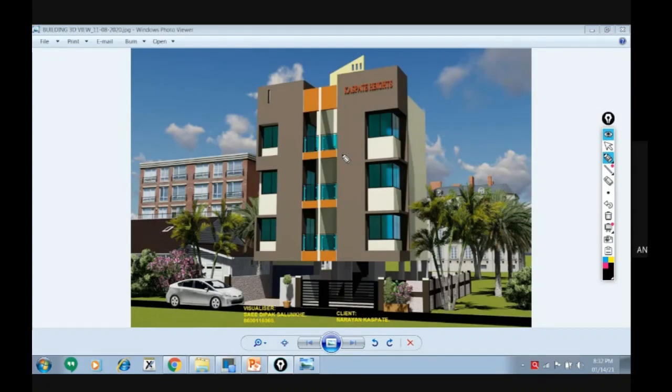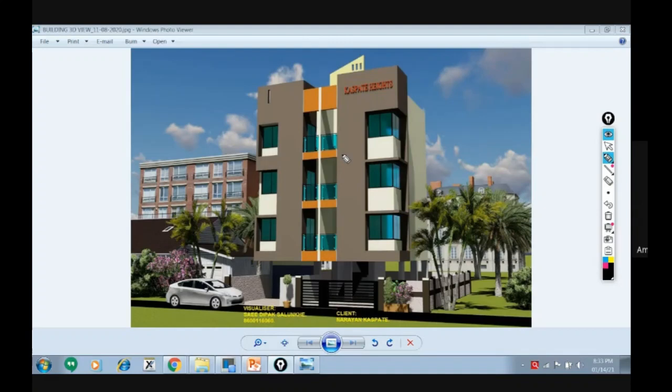Yeah. Anybody else? Yes, sir. Hello. I'm listening. Yes, sir. First of all, from the picture, we can see that it is a stilt plus 3 floor building. So the parking is provided at the ground level. Then we have 3 floors, in which on both sides there are balconies which are coming out, and these are covered with some walls also.